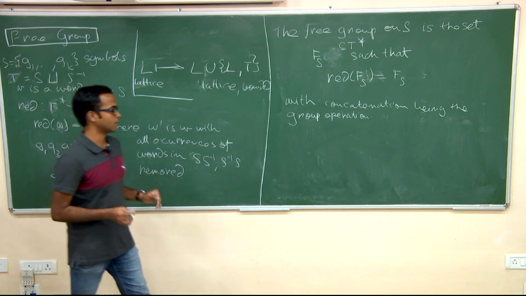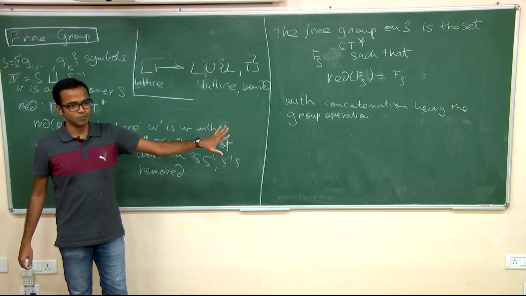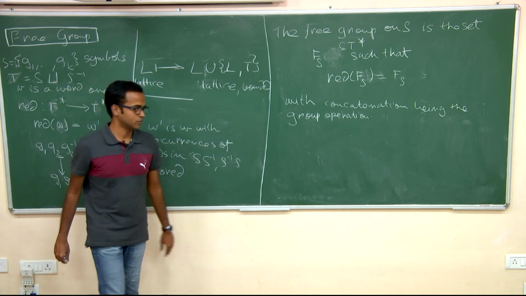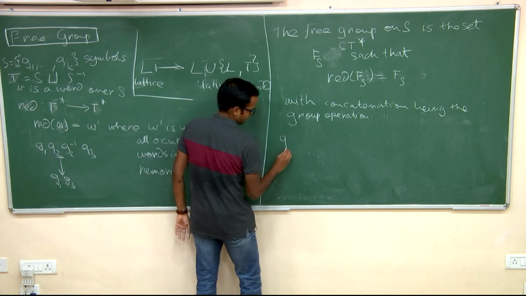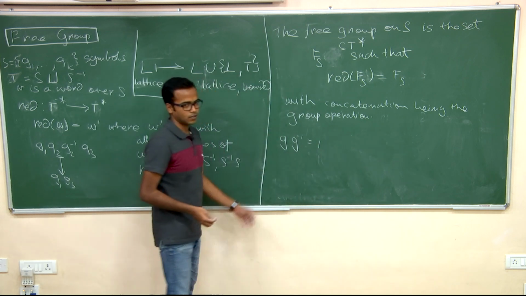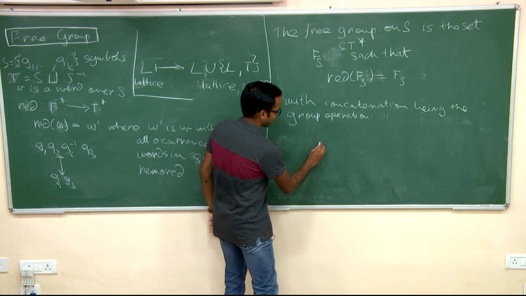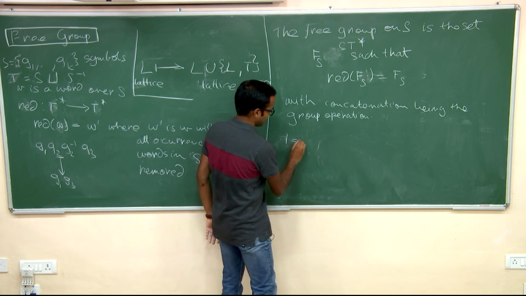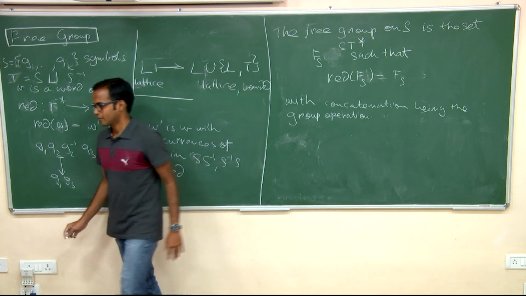You just concatenate words, and then you again apply reduce to it. You'll get an element of fs. That's the group operation. All right. So for example, you might concatenate G and G inverse. You'll get 1, and 1 will be in the set. Okay. I mean by 1 I mean the empty string. So the empty string will be 1 and so on.